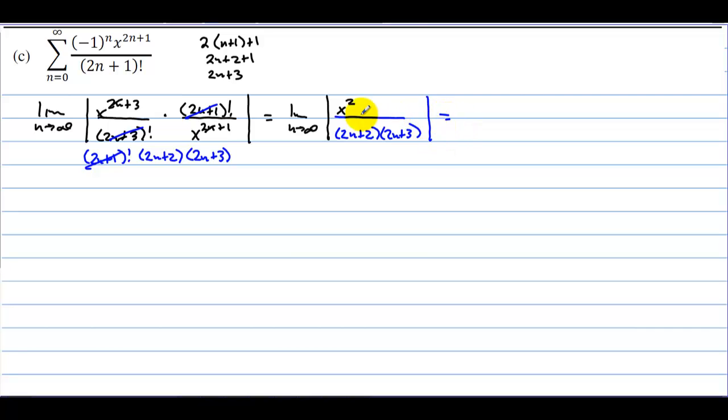When we do the limit now, when we put infinity in the denominator, that's going to be 0. So we have 0 times x squared, and we want to know when that is less than 1. Well, that's always less than 1. So the interval of convergence is from negative infinity to infinity, and the radius of convergence is equal to infinity.